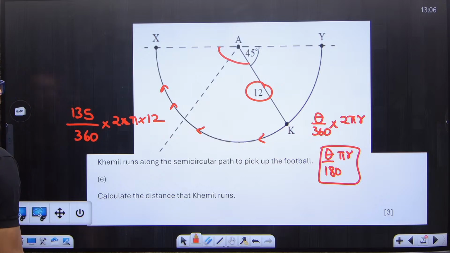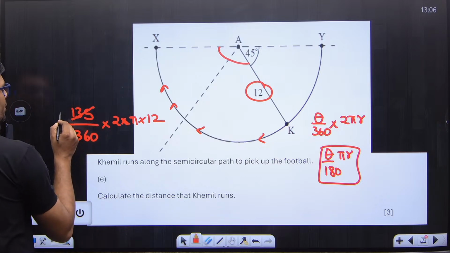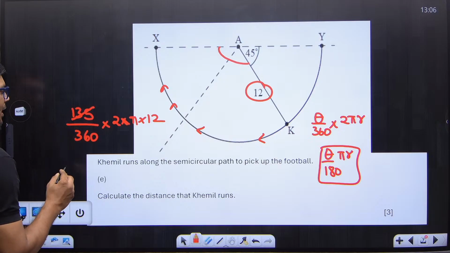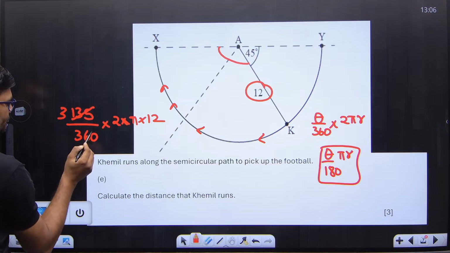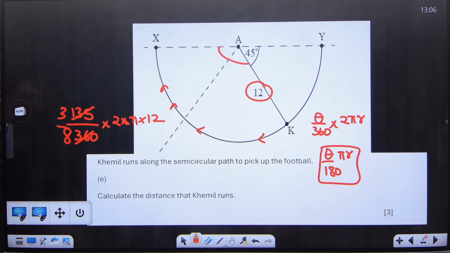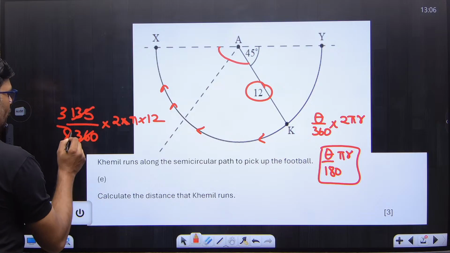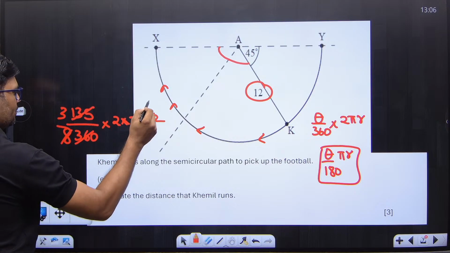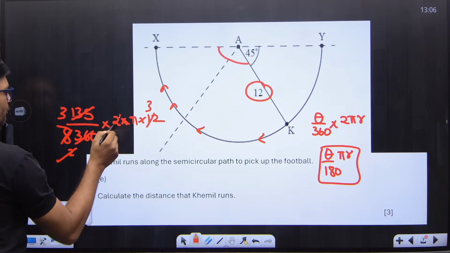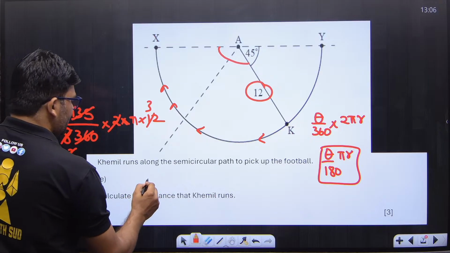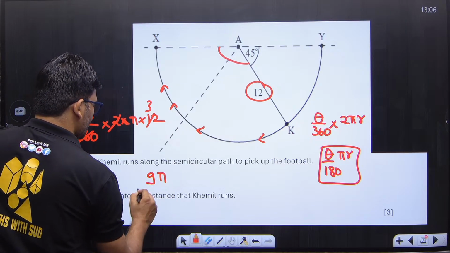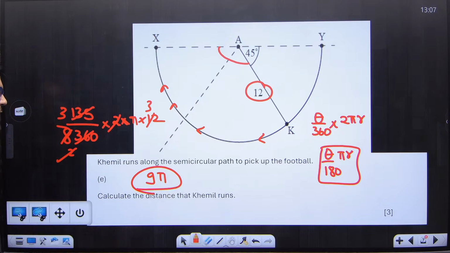So 135 by 360 is how much? You can say that this is going to be 3 by 8, I think. So 4 into 2, 4 into 3, 2 and 2 will get cancelled out. So 9 pi is the answer. 9 pi.